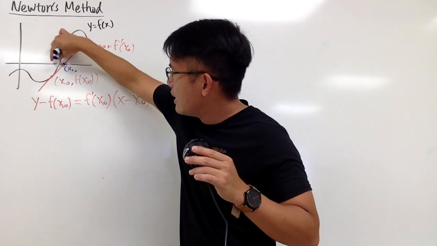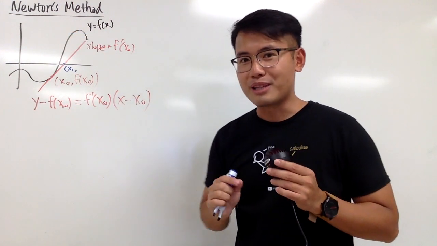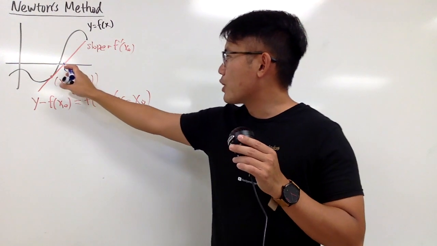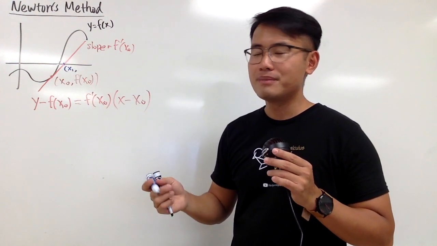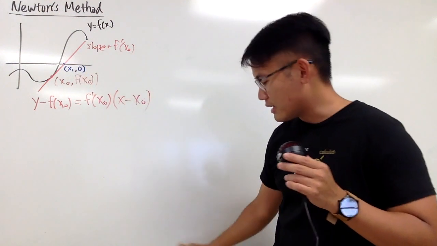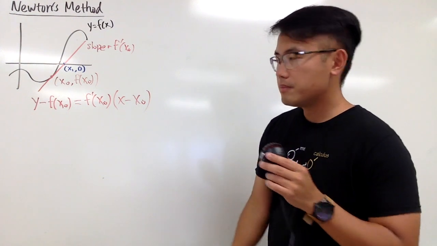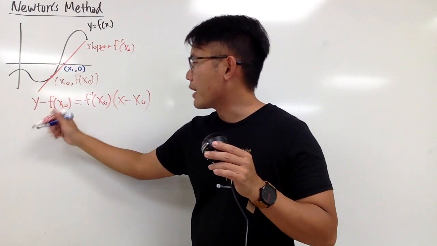You guys can see that I'm kind of off. But hopefully this point right here is closer to the actual zero. But anyway, I will just call this x value x1. And what's the y value of this point? It's nicely just 0 because we are on the x-axis.